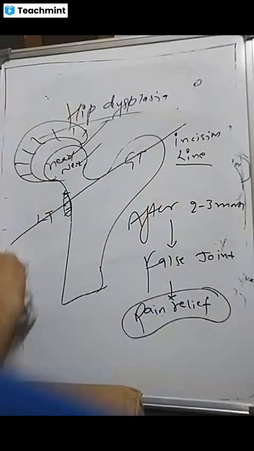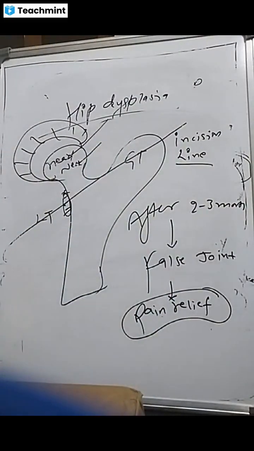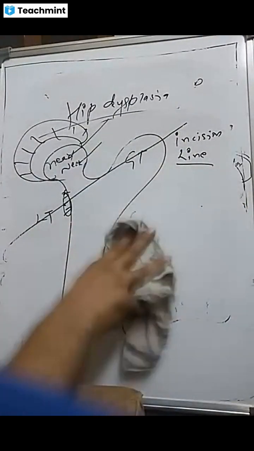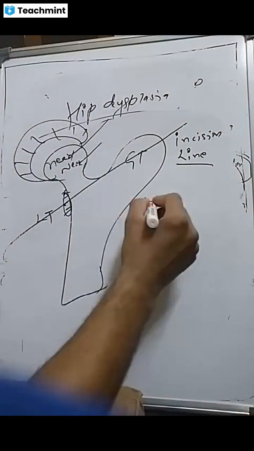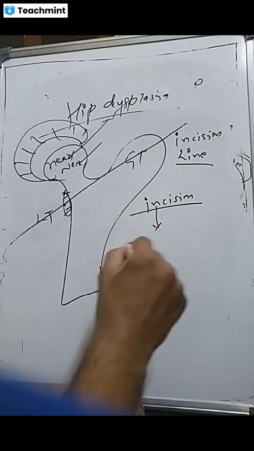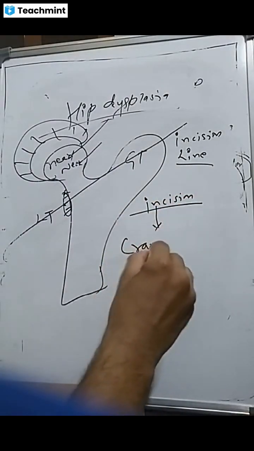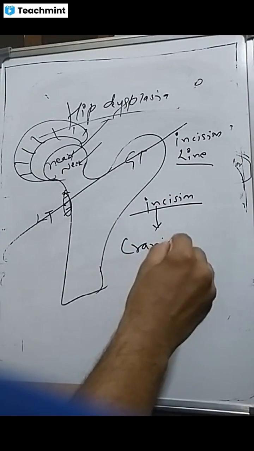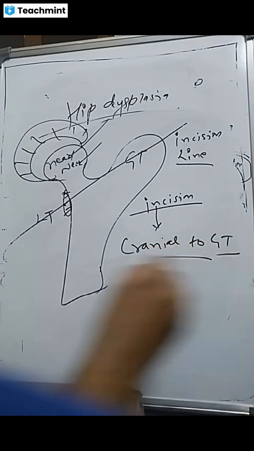And even before starting this FHO surgery, where to take the incision? The incision is cranial to the greater trochanter.